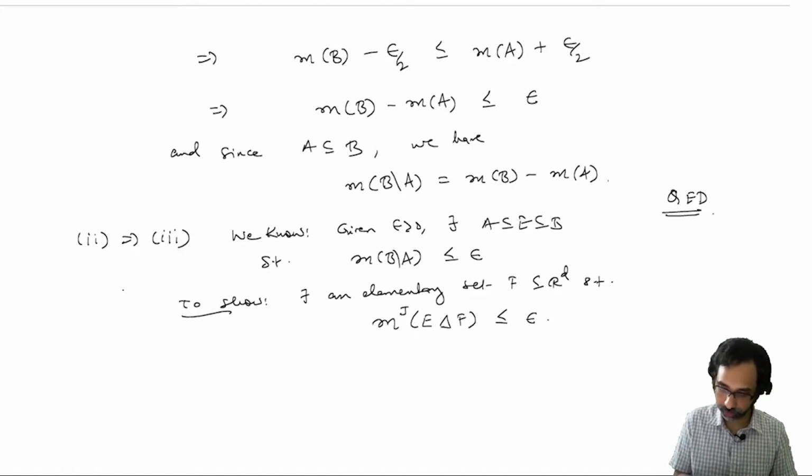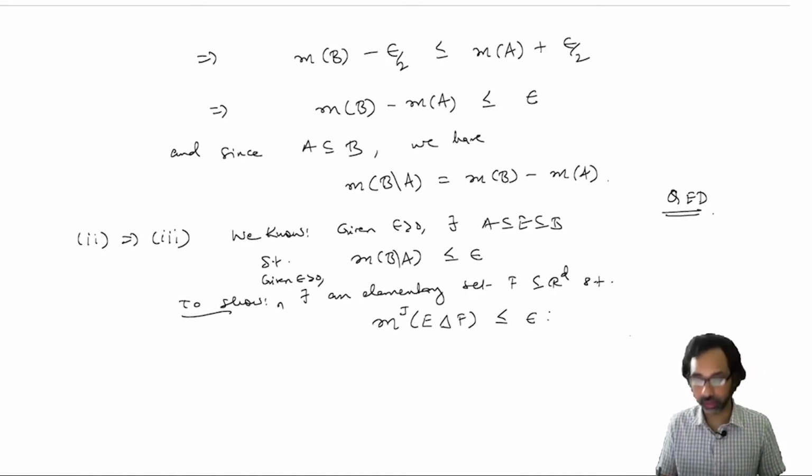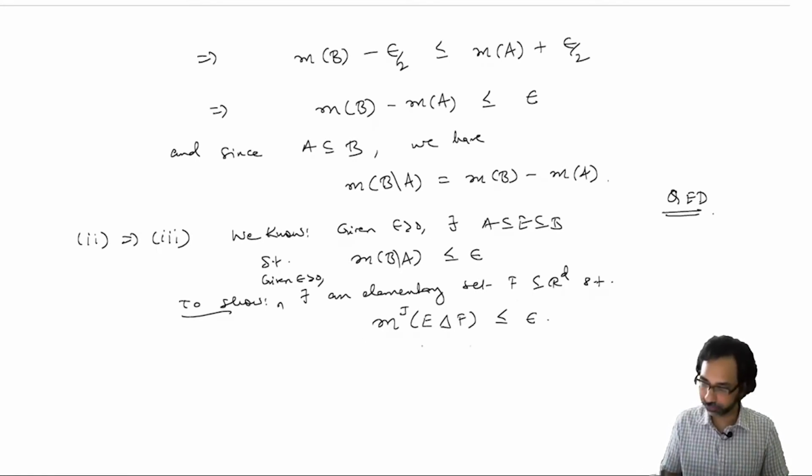So again, we fix an epsilon, and then we can say that there exists an elementary set F for which this is valid.